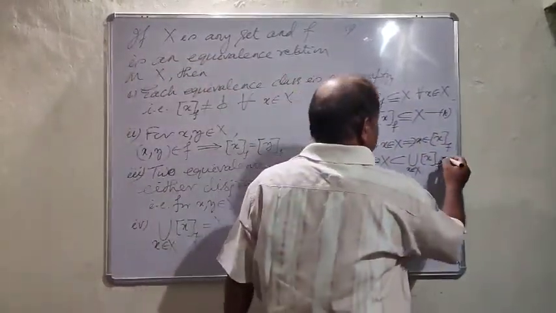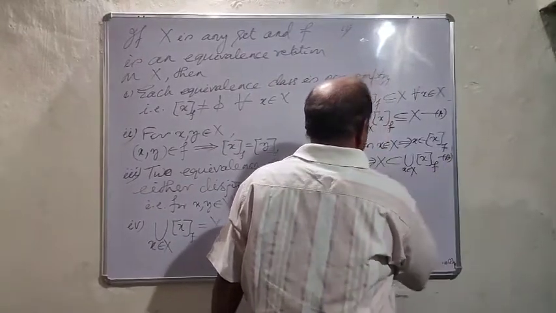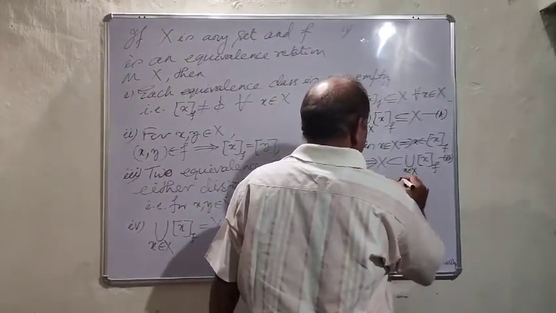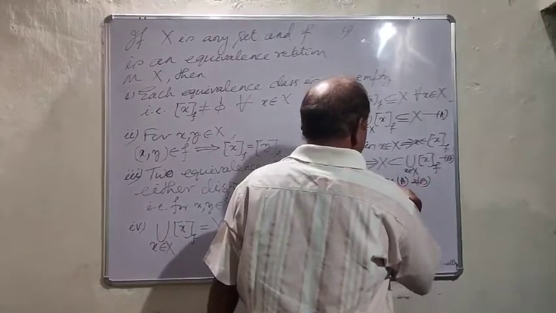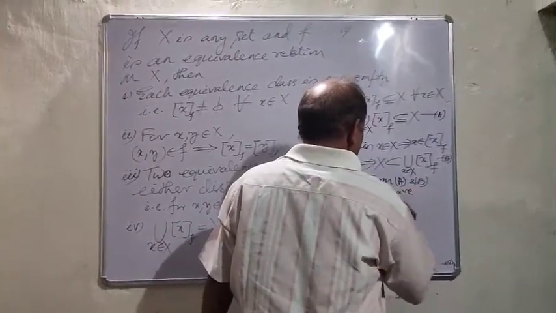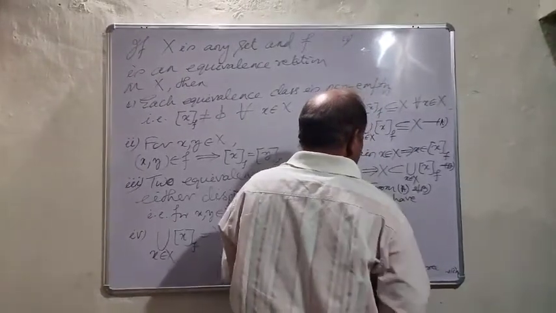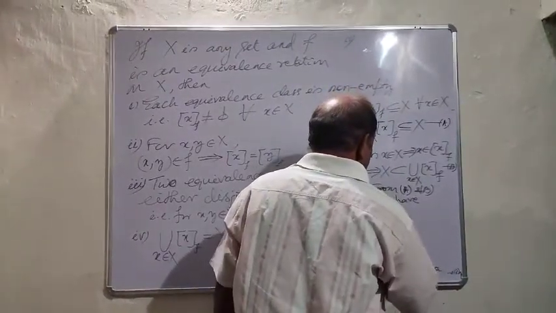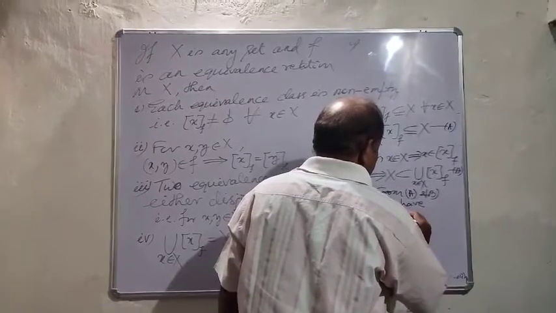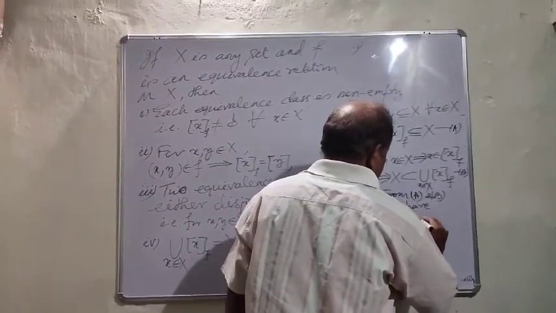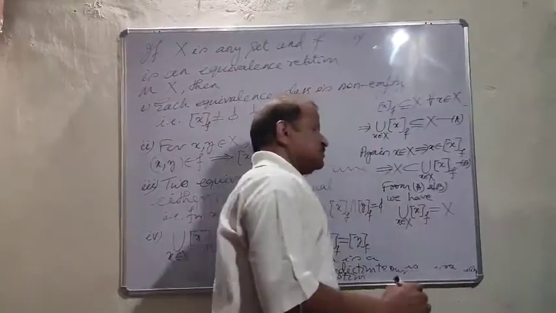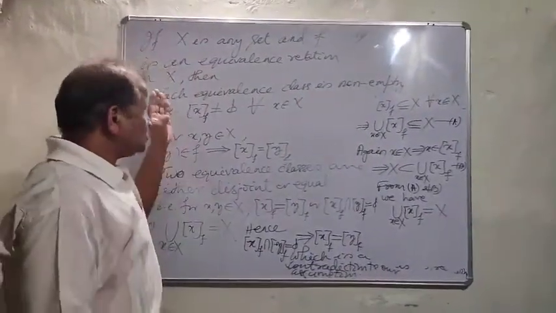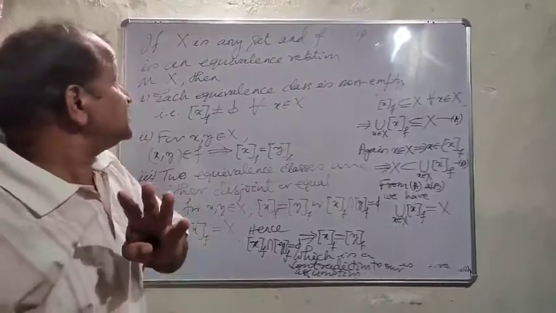From these two, suppose B. From A and B, we have the union of equivalence classes of X is equal to X, right? Okay. So this is all about your equivalence class.